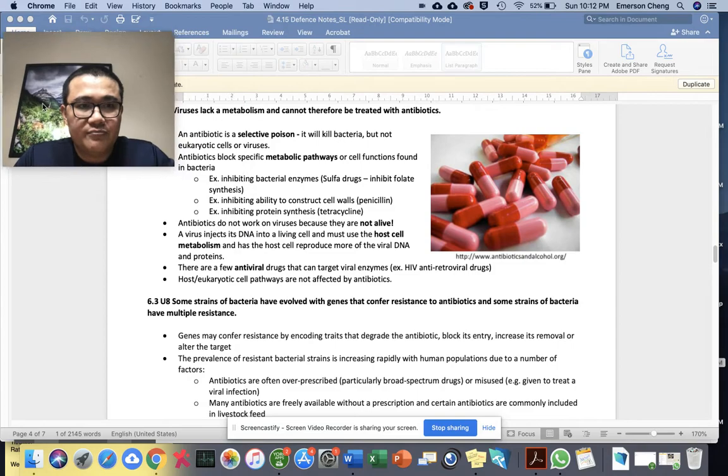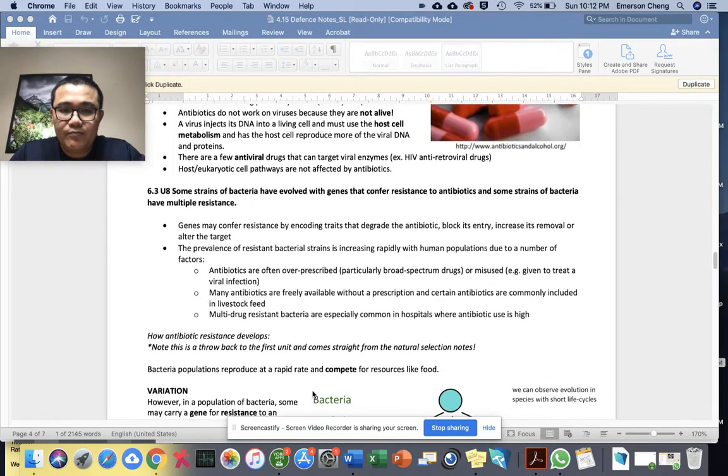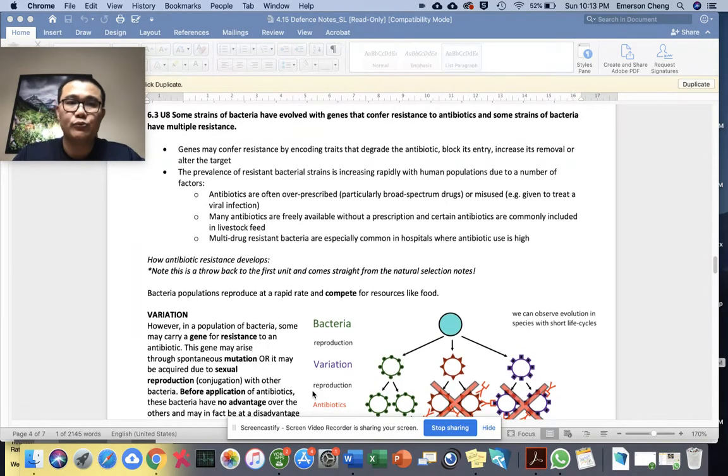Now I'm going to move myself over here and shrink myself a little bit because we're going to talk about antibiotic resistance. Keep in mind, this goes back to the first unit, where we talked about natural selection and evolution.